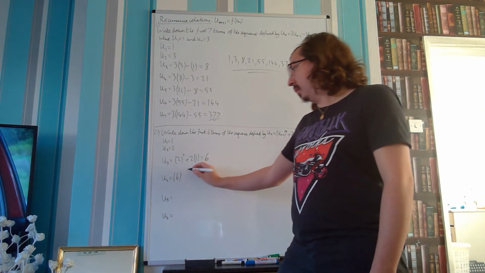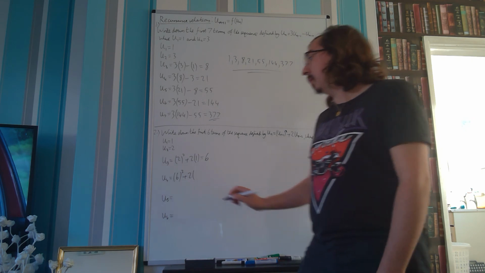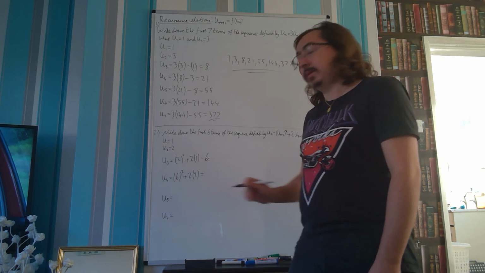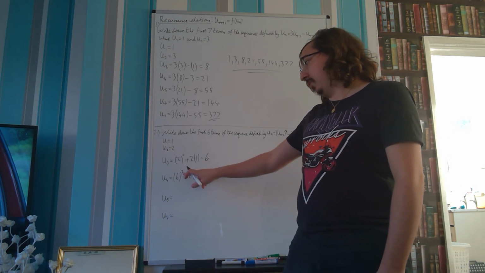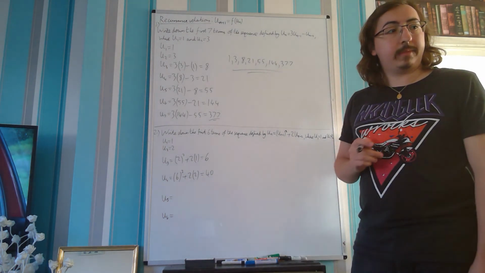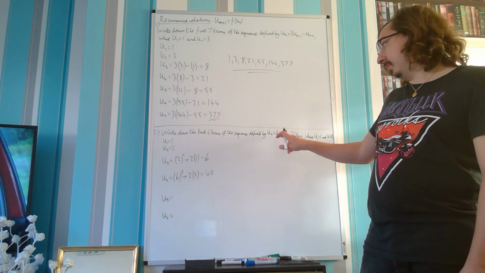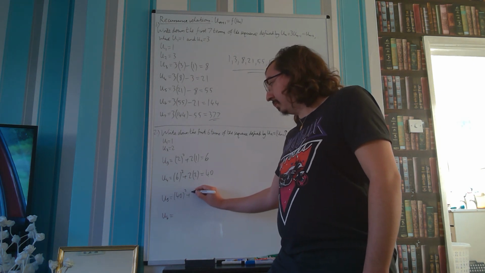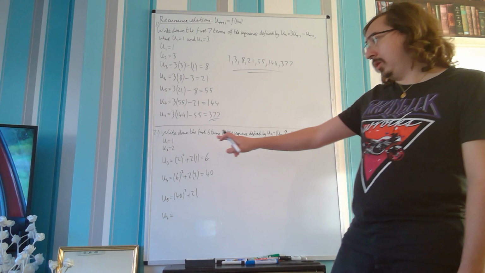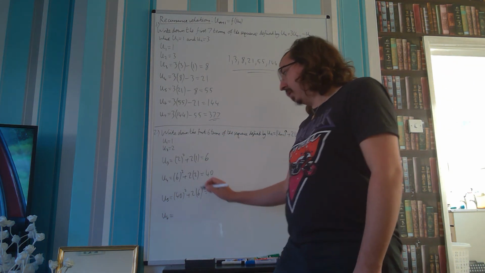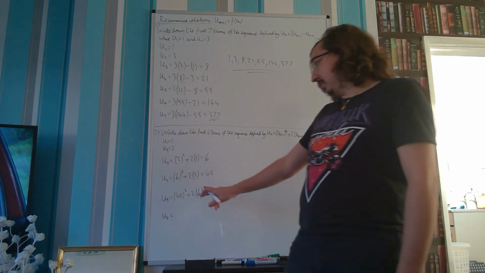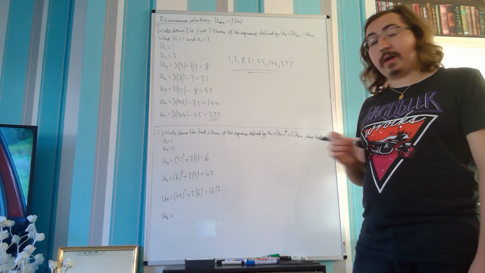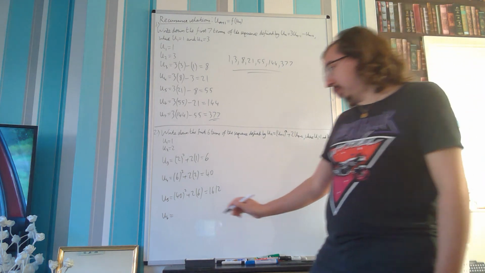We need to square that, plus 2 times u of n minus 2, which is u2, which is 2. 6 squared is 36. 2 times 2 is 4. 36 plus 4, 40. u5, so u of n minus 1 gets us u4, which is 40, which we need to square, plus 2 times u of n minus 2, which is u3, or 6. 40 squared is 1,600. 2 times 6 is 12, which gets us 1,612.